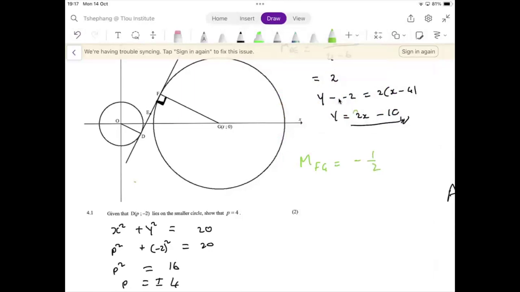I took it from this part here. Remember that they're perpendicular, so the product of their gradients needs to give you -1.